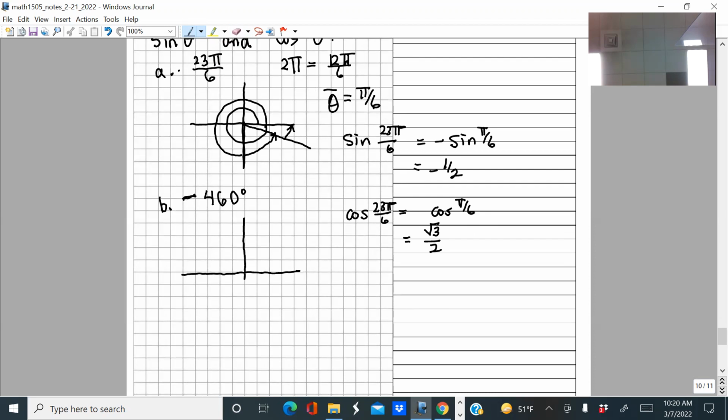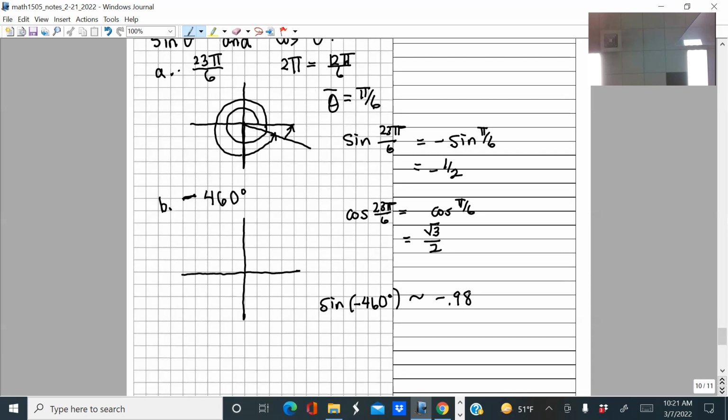Well, you could have used the calculator right from the beginning, because the calculator will certainly accept input of minus 460 degrees, right? As long as you change the calculator to degrees first. And what does the calculator say the sine of minus 460 degrees is? Negative point what? Approximately. Okay. So minus 0.98.